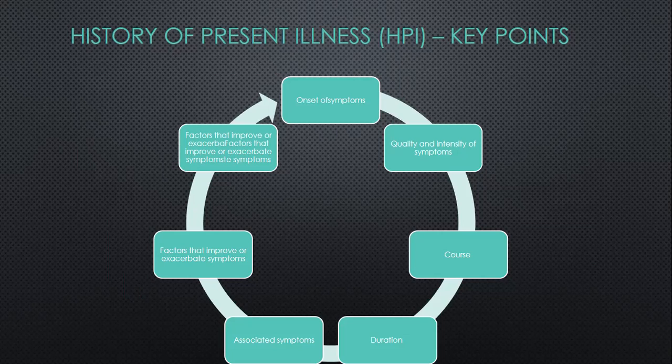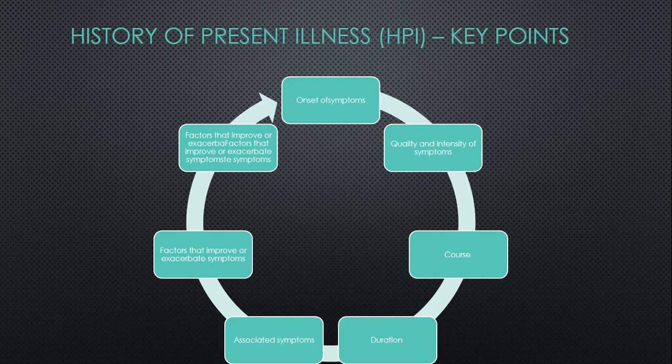Okay. The next one would be duration of symptoms. If it hurts all the time, for example, okay? If there are associated symptoms, if there are factors that improve or exacerbate symptoms, and if it triggers, or the patient's own explanation of the cause of the symptoms, okay?